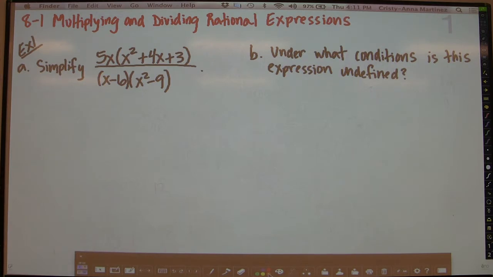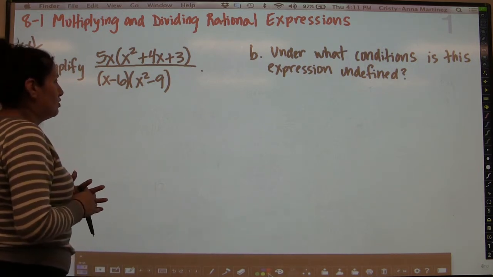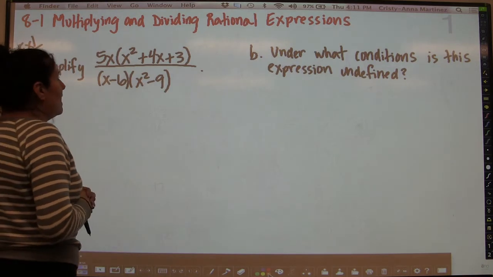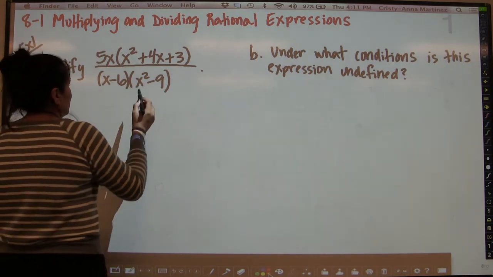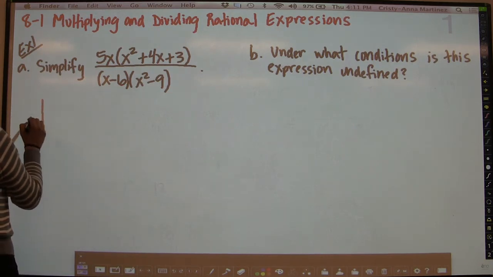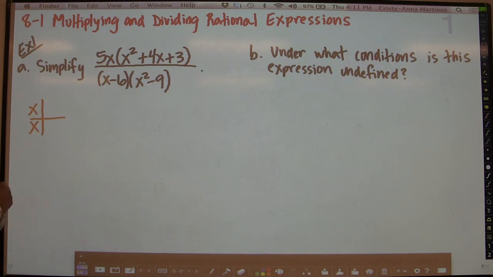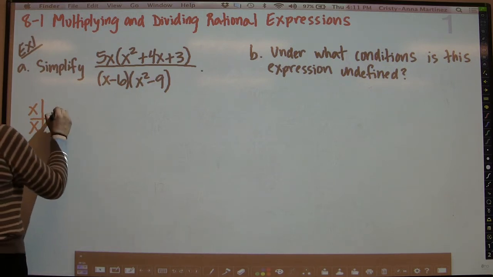Okay, so one of the first things you want to start off with, like I said earlier, is to factor as much as you can, because most of the time, a lot of the factors are going to cancel from the top and the bottom. So the first thing I want to do is take this x squared plus 4x plus 3, and factor that. I'm going to put x and x here, and then since 3 is a prime number, I'm going to have 1 and 3.